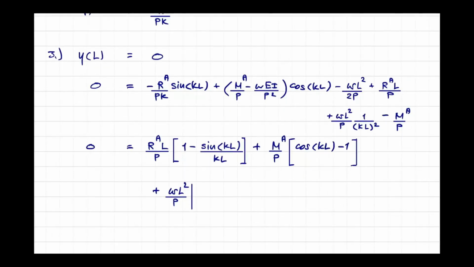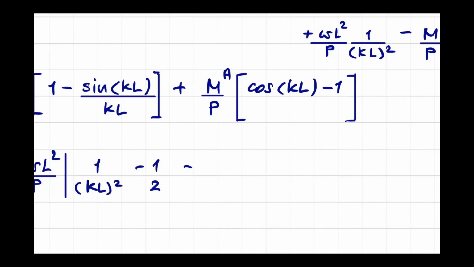WL square over P, right? So start with 1 over KL, we square it up, minus a half. Is there anything else? Yes. WEI over P square, that is equivalent to minus cosine KL over KL square, right?